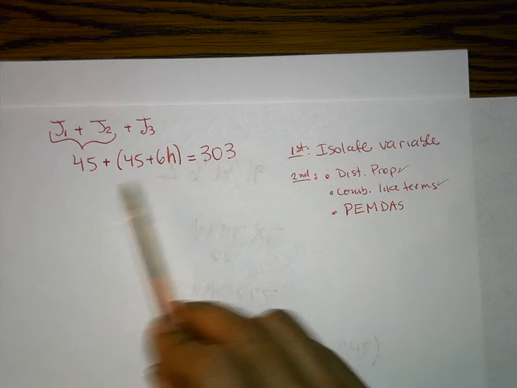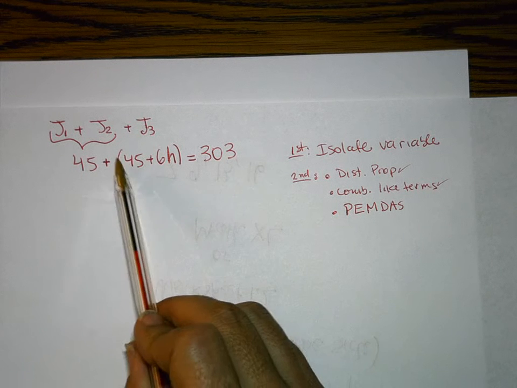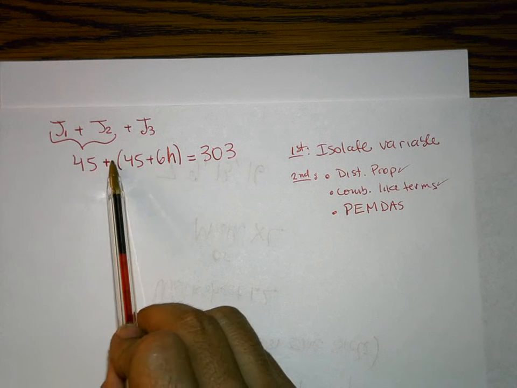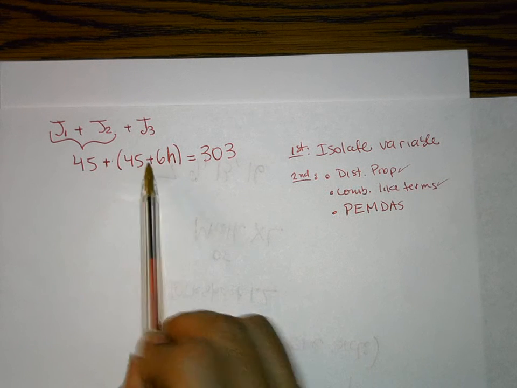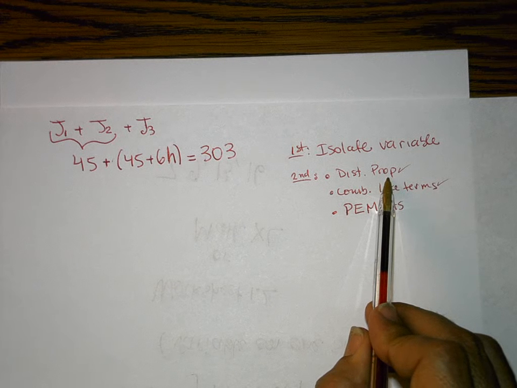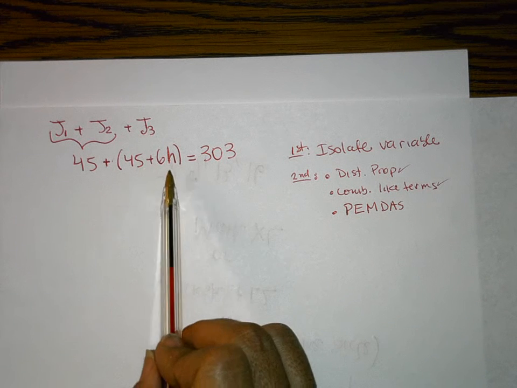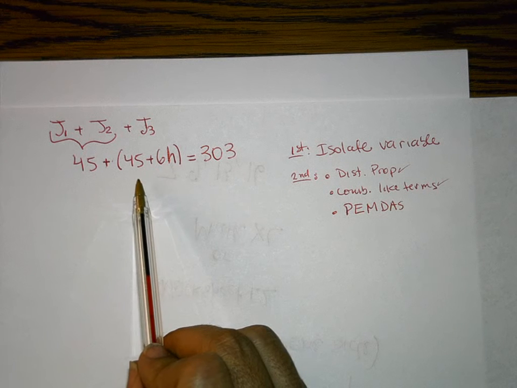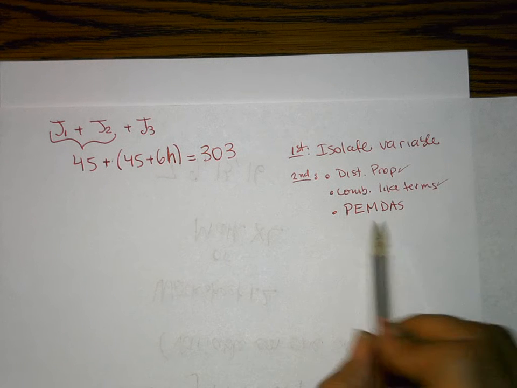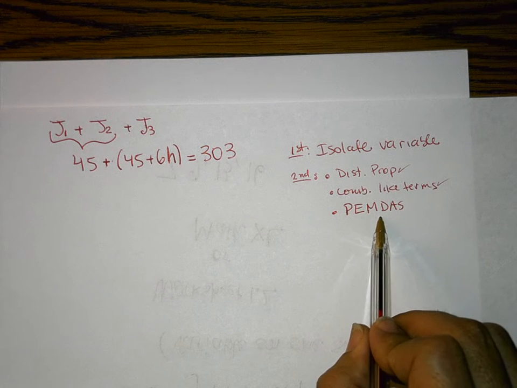If I look at this, I don't need to distribute anything here. I'm not multiplying, I am adding, so I don't need the distributive property. I don't need to combine like terms because I don't have any other variable terms to combine here. So I'm going to move on to my PEMDAS.